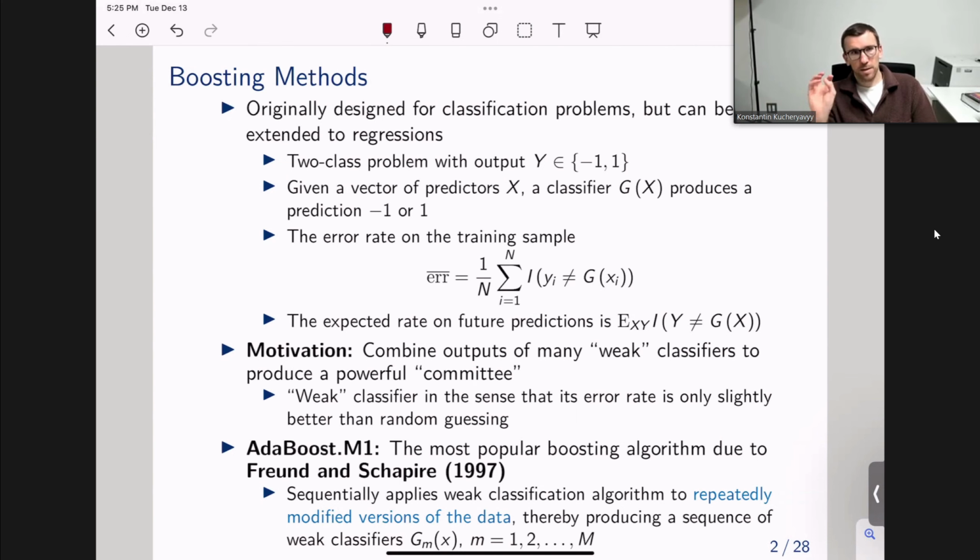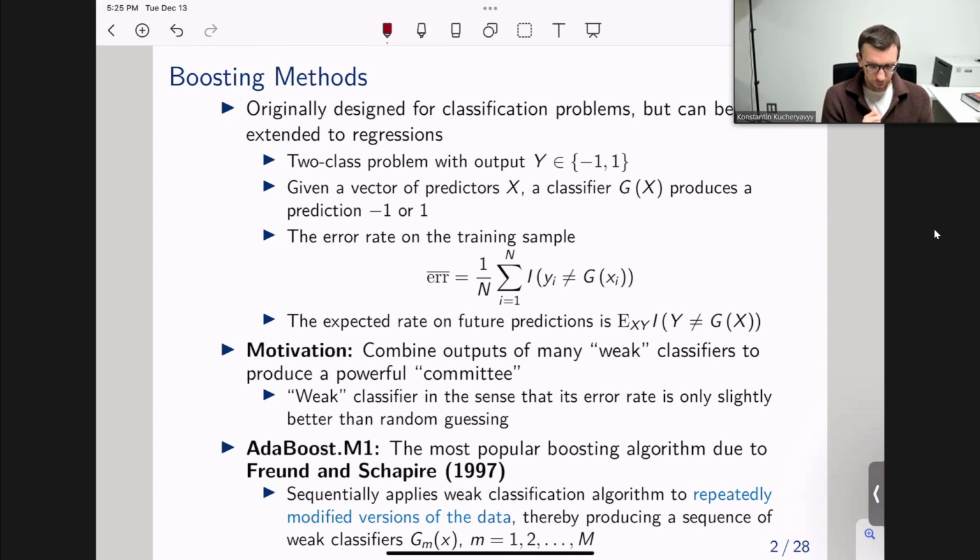If there is one classifier with a given level of precision, a strong classifier, you can always write it down as a sum or a combination of a certain number of weak classifiers. Now, that was a theoretical result, and it's not clear at all how you can go back and forth. And this AdaBoost algorithm was the algorithm that suggested how you can do this combination of weak classifiers to get a strong classifier.